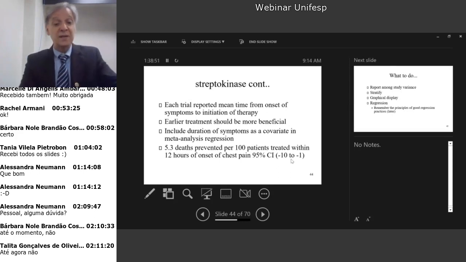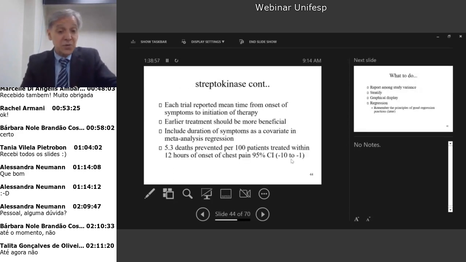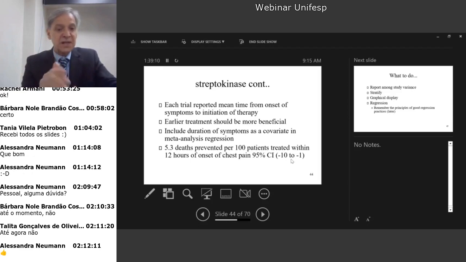So once you do that, what you did is reanalyze the data, understanding your heterogeneity, and the substantial heterogeneity is because of this. The trial reported mean time from onset of symptom to initiation of therapy. So that's the mean time of streptokinase treatment, okay? Earlier treatment should be more beneficial.